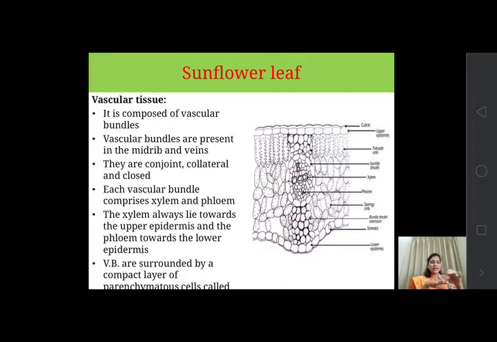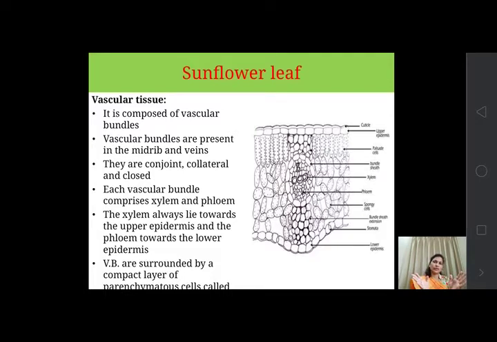The vascular bundles are present in the midrib region and in their branches, the veins. This venation contains vascular tissues, so it is a channel to provide food and water to that part of the plant body.